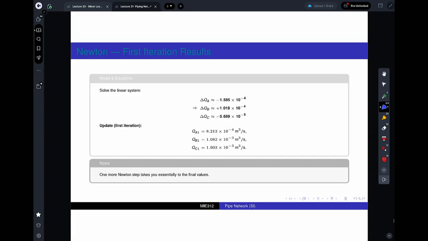You end up with a solution that is Qa, which is 8.2 times 10 to the minus 4 meters cubed per second. Qb, which is 1.1 times 10 to the minus 3 meters cubed per second. And Qc, which is 1.9 times 10 to the minus 3 meters cubed per second.